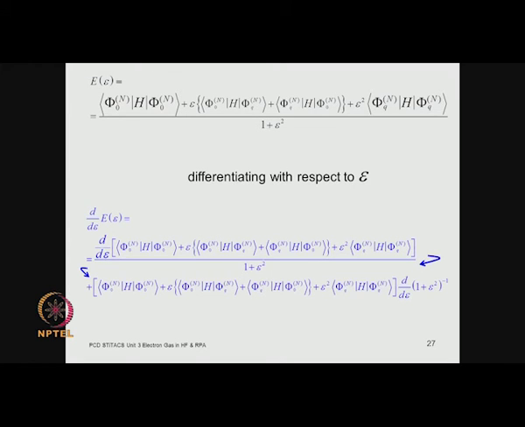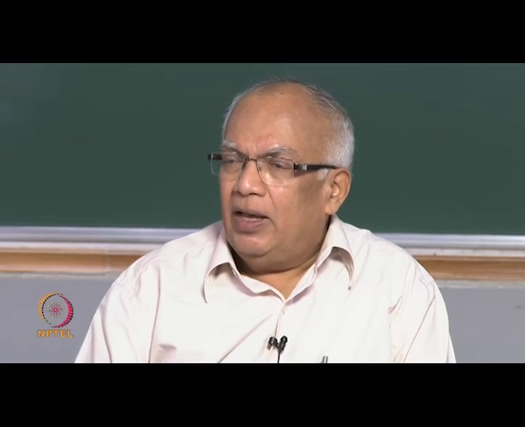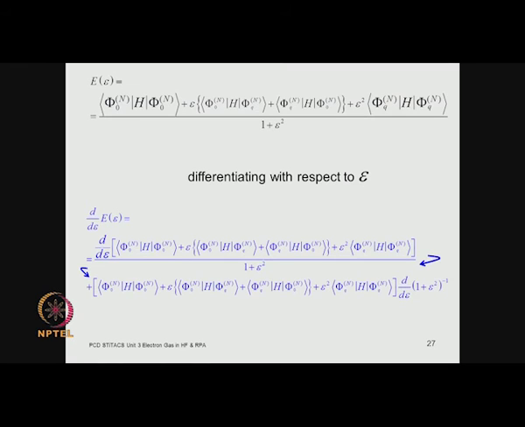Now, let us ask how this energy functional will change if you differentiate it with respect to epsilon, because epsilon is the additional mix. We expect this additional mix to go to 0. So, let us treat it parametrically as a variable, and ask what is the differential of the energy functional with respect to epsilon.